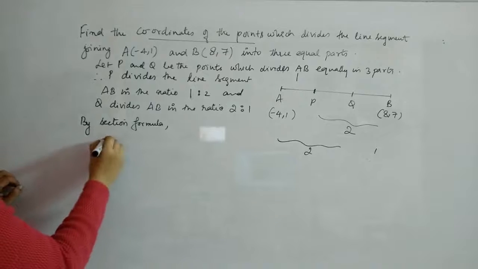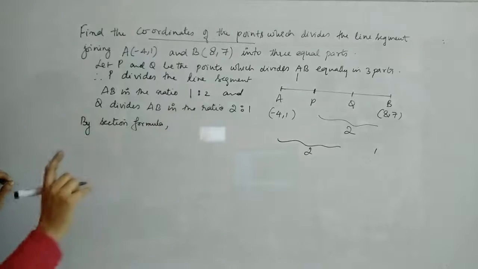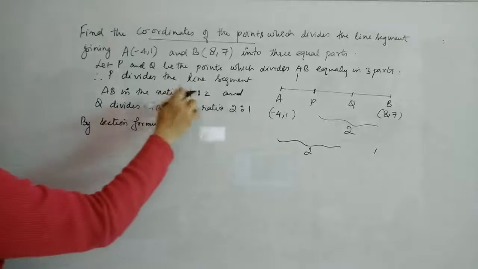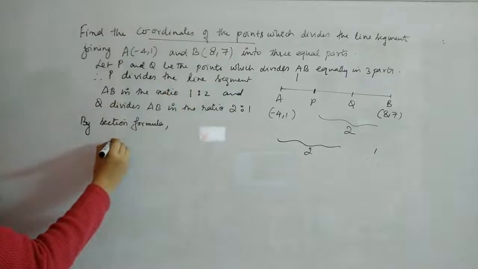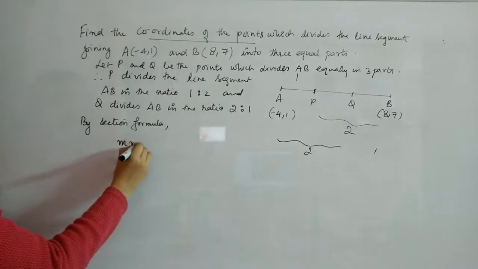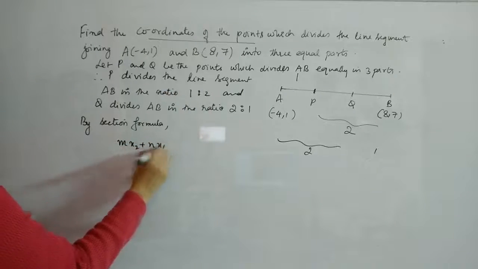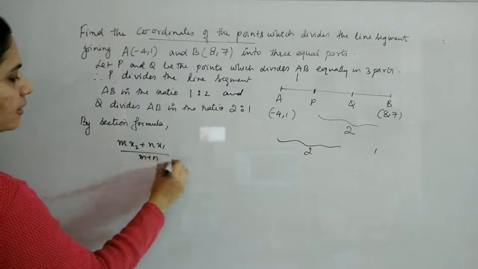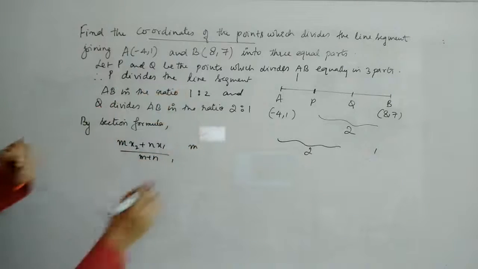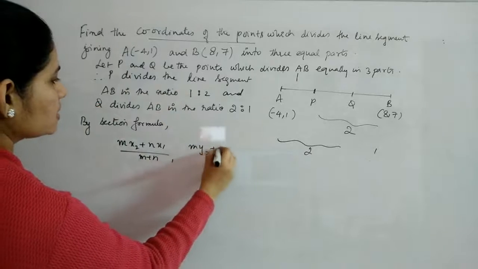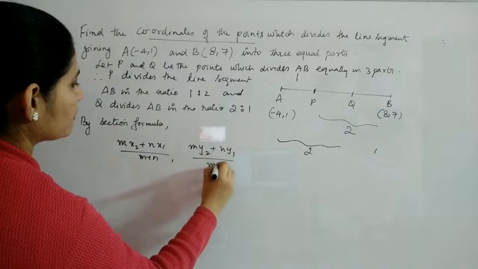What is the section formula giving you? The ratio m:n is 1:2. Okay, this is what you have to remember here. What is the formula? It is mx2 plus nx1 by m plus n, comma, my2 plus ny1 divided by m plus n.